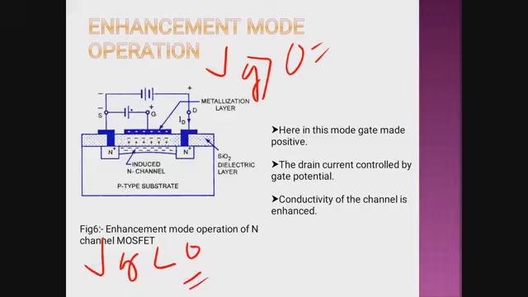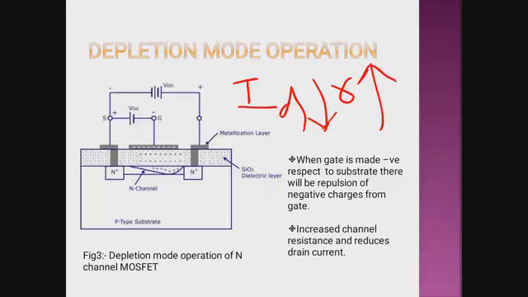That is why when VG is equal to 0 or less than 0, the MOSFET is basically called normally off for this enhancement case. But in the depletion case, VG is a negative quantity, that means VG is less than 0.